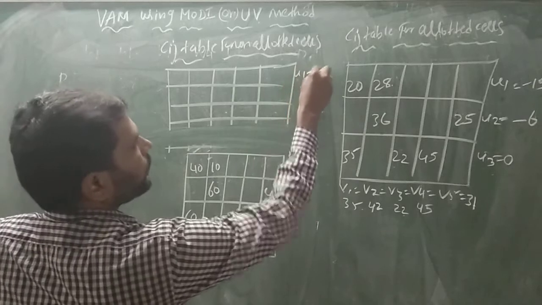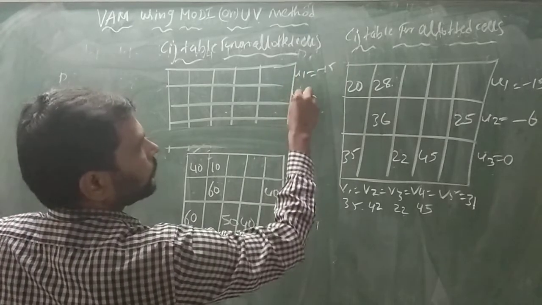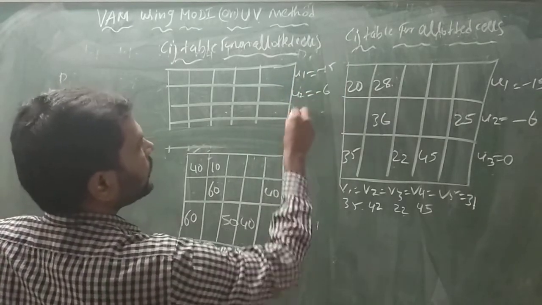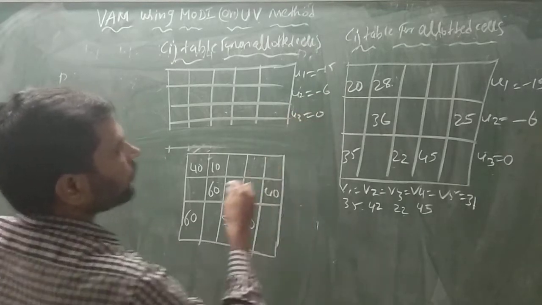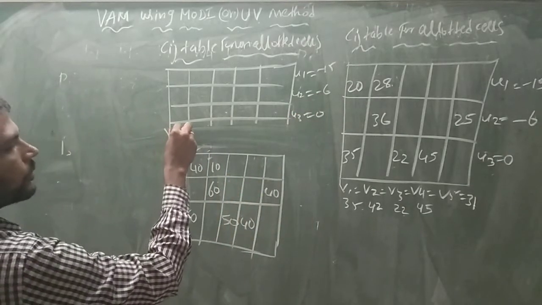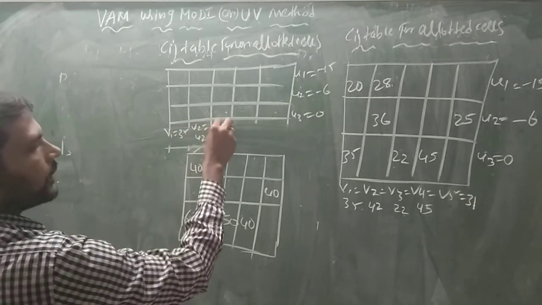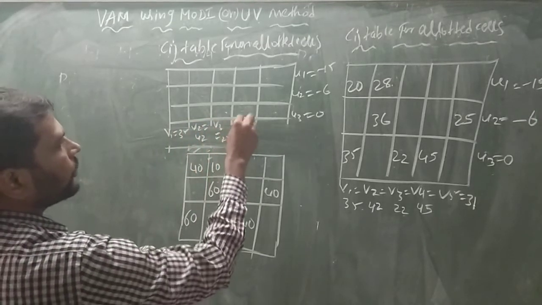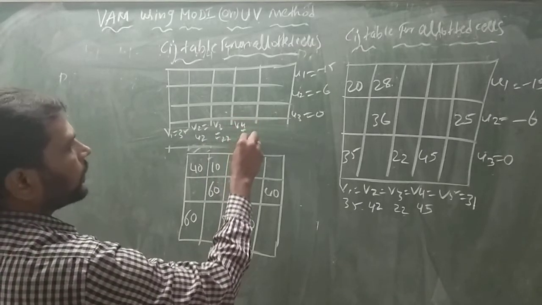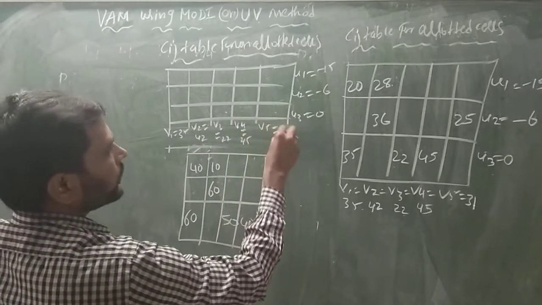I enter the same values: u1 equal to minus 15, u2 equal to minus 6, u3 equal to 0, and v1 equal to 35, v2 equal to 42, v3 equal to 22, v4 equal to 45, v5 equal to 31.